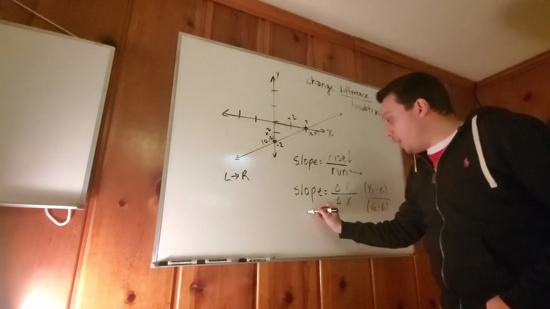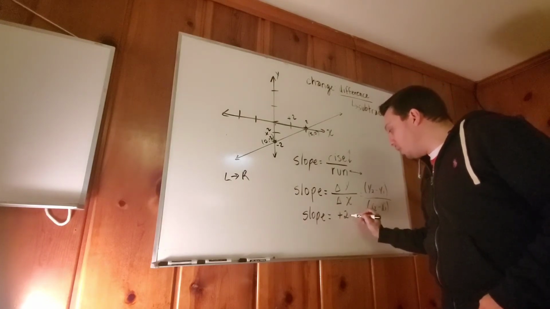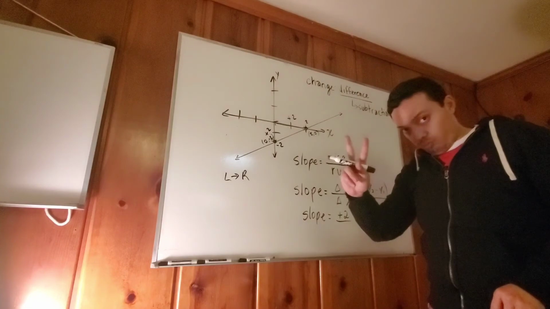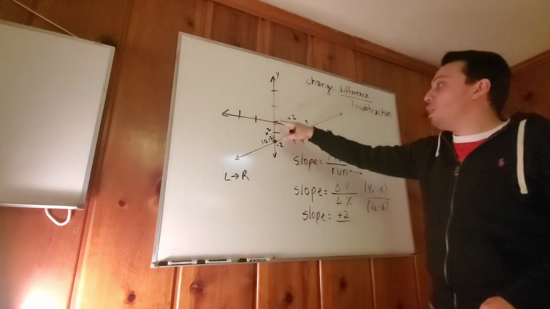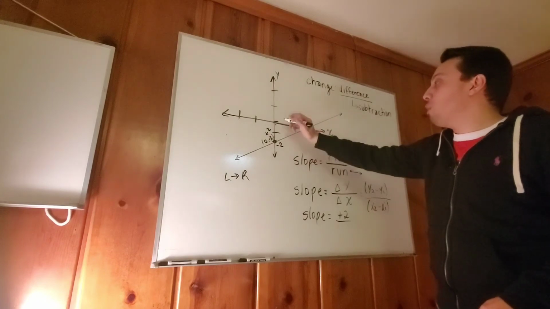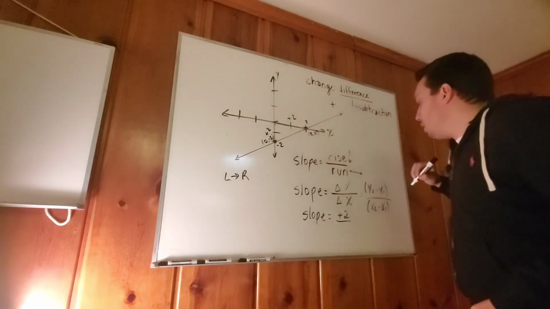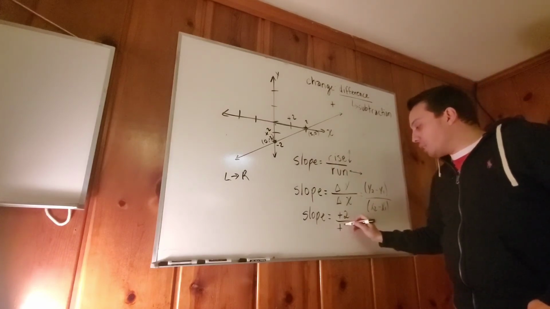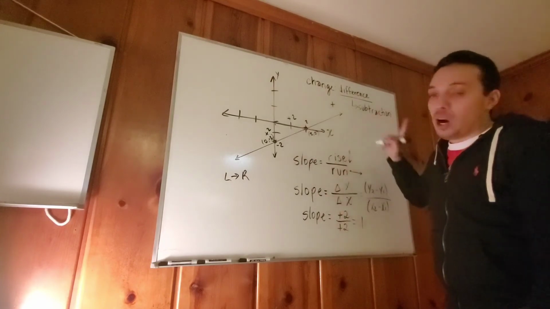So it changed positively, it moved up 2. And sideways, it went to the right 2, because to the right is positive. It's going to also be +2. Well, +2 over +2 is 1. The slope of this line is 1.